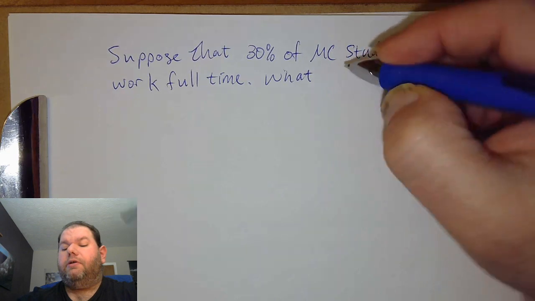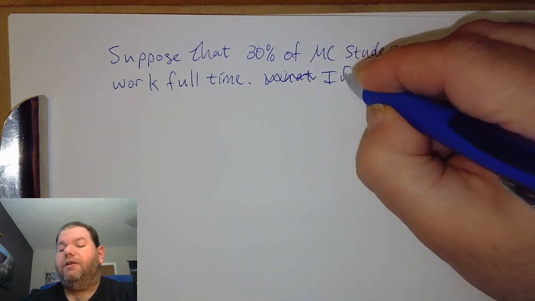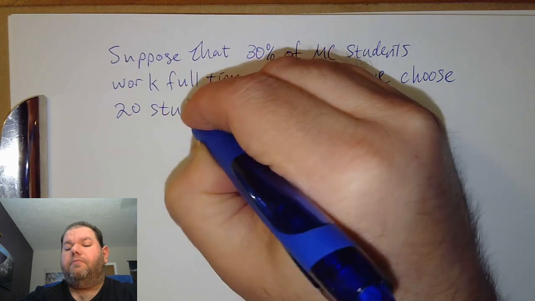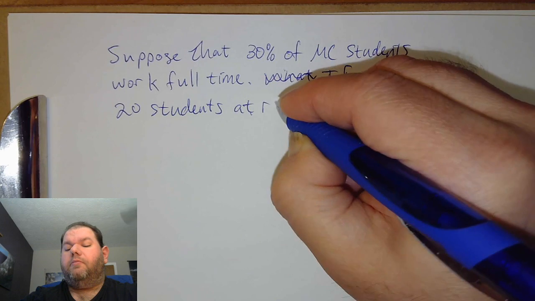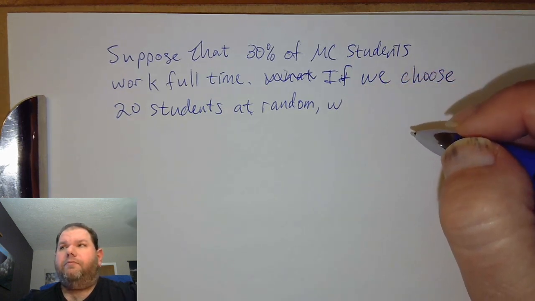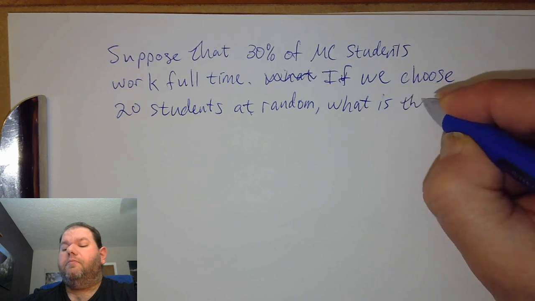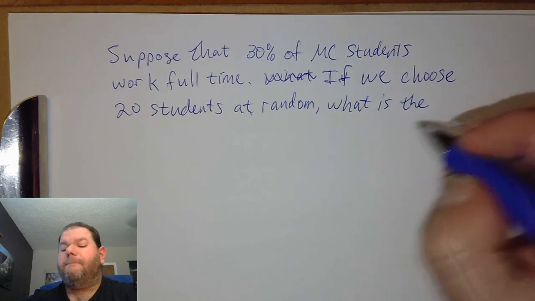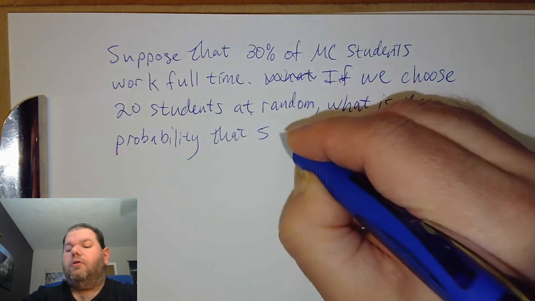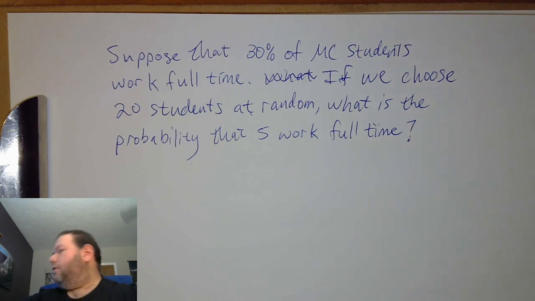Before we get to probability, if we choose 20 students at random, what is the probability that, let's say, 5 work full-time?